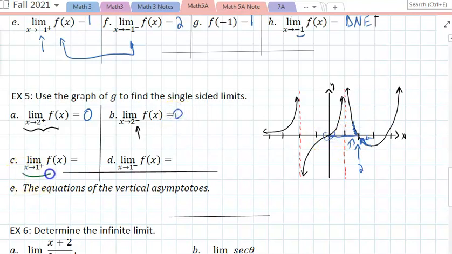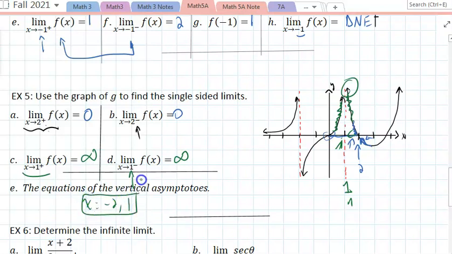What is the limit as x approaches 1? There is 1. From the right. Coming from the right side, what's the y leveling off next to? What's the limit as x approaches 1? 1 from the left. Coming from the left, isn't that infinity? The equations of the vertical asymptotes, you could tell, are x equals negative 2 and x equals 1.